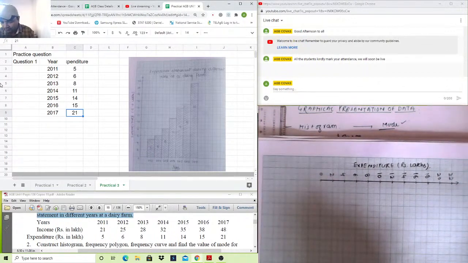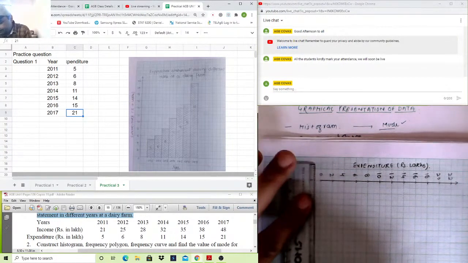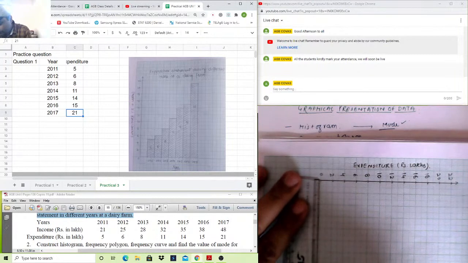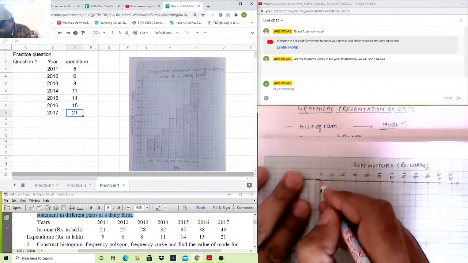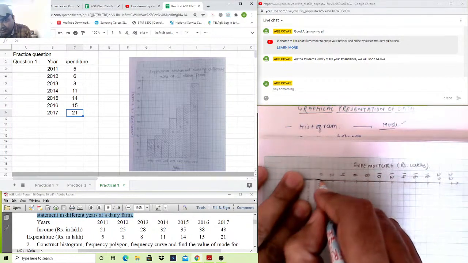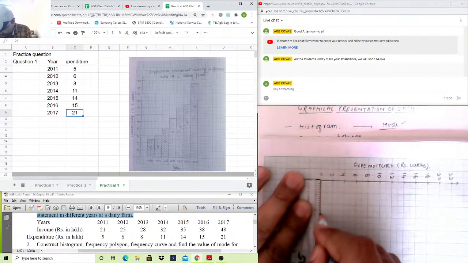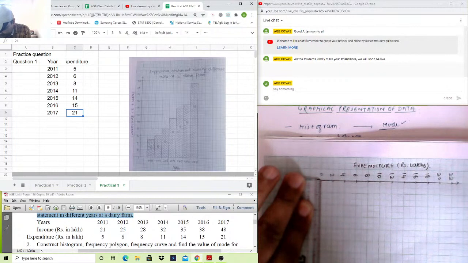Similarly, we will be making one x-axis also, starting from this 0, to represent the different years. I will start from here and mark a line.